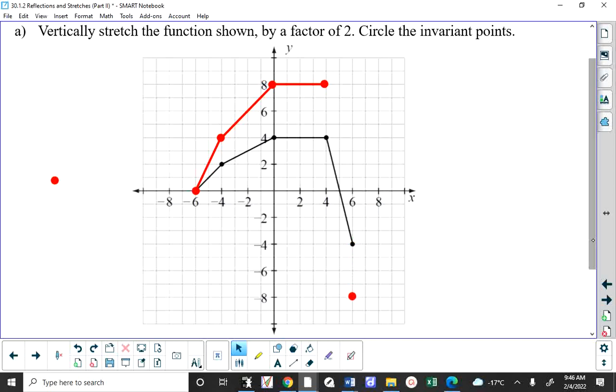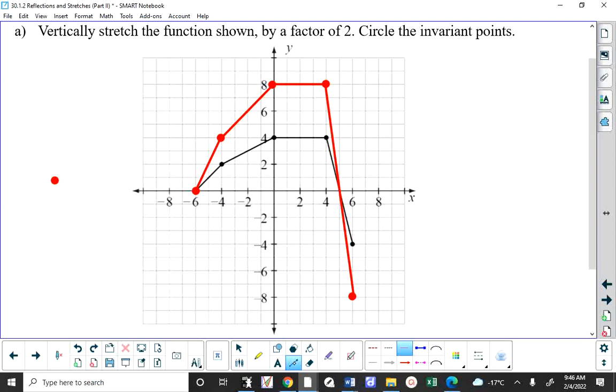And if you do a very tidy, very accurate job of this, you will discover that when you connect these 2 points, they will go through the x-axis at that x-intercept. That makes sense, because that x-intercept is not above the x-axis, so it can't get further above, and it's not below, so it can't get further below. It's an invariant point.